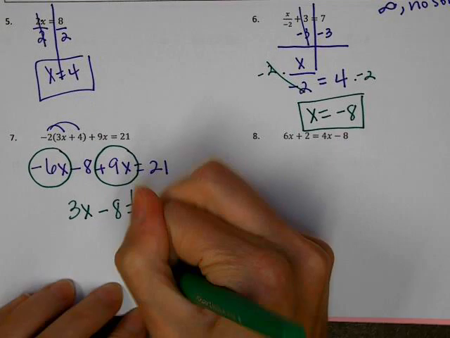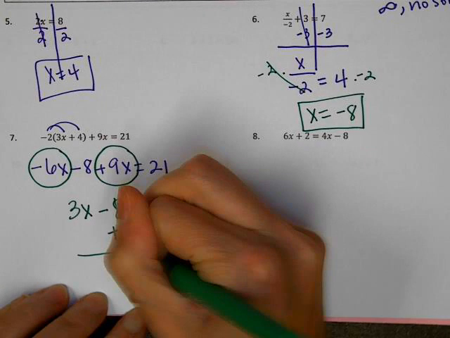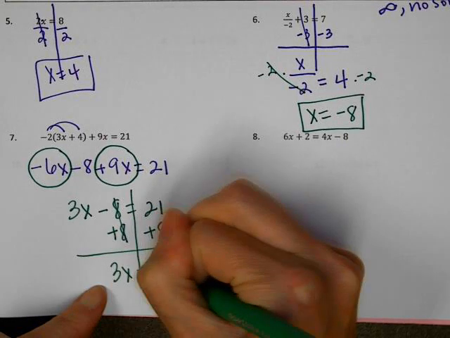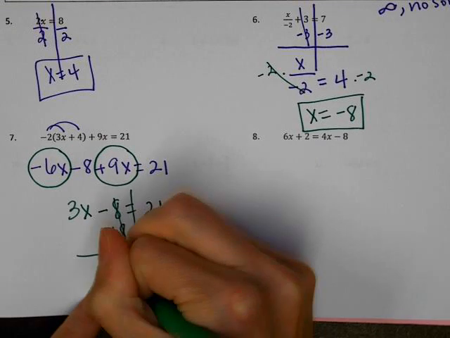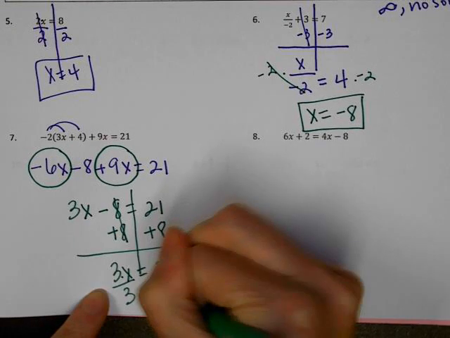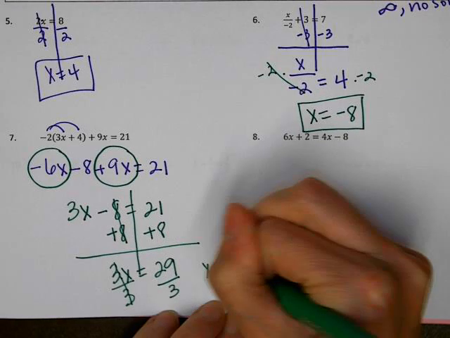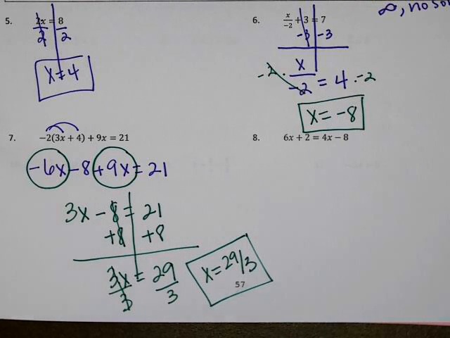And then we undo the addition subtraction first by adding 8. And we get 3x equals 29. And then to undo multiplying by 3, we divide by 3. And then I don't have a calculator with me, but whatever 29 divided by 3 is, that's going to be the answer. It's going to be a decimal.